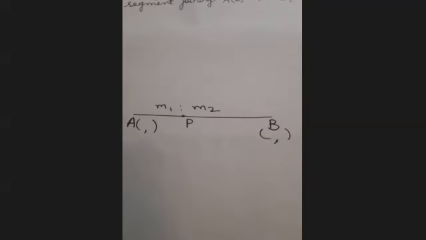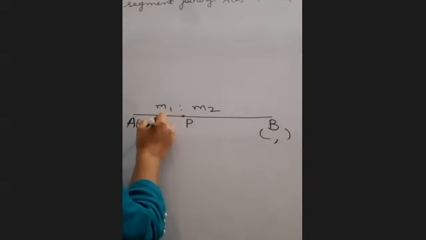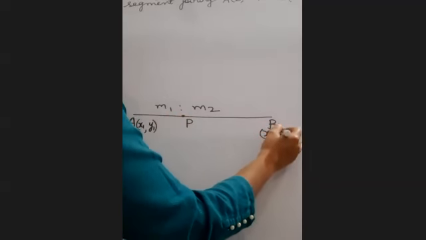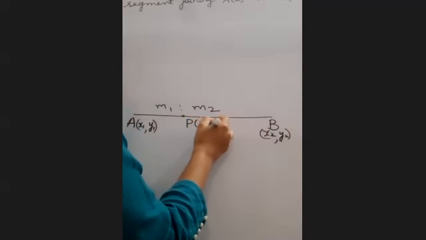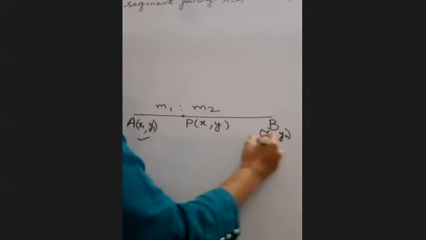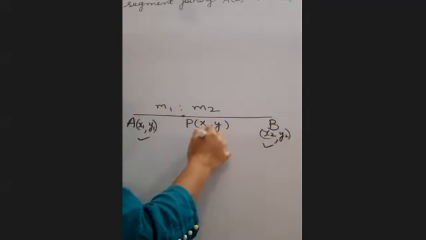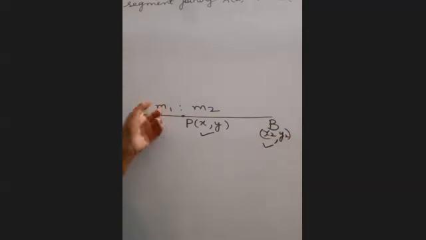What do we do here? This is x1, y1, x2, y2. Suppose this is x comma y. This is known, and this is also known, suppose. Can we find the ratio m1, m2, children? Yes, ma'am. Using which formula? Section formula? Right.